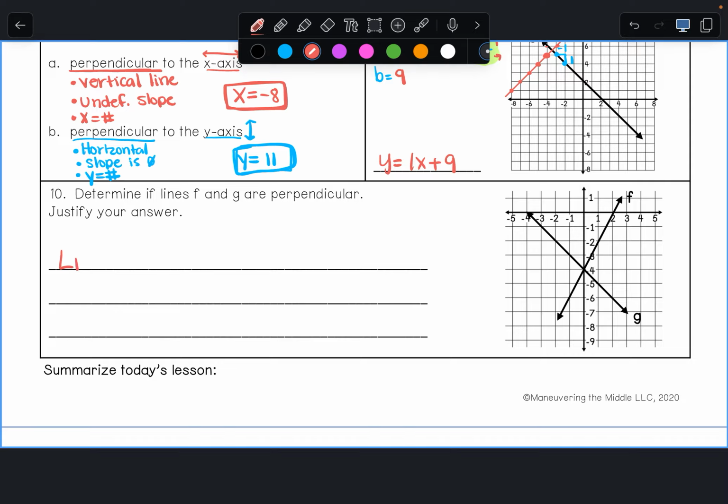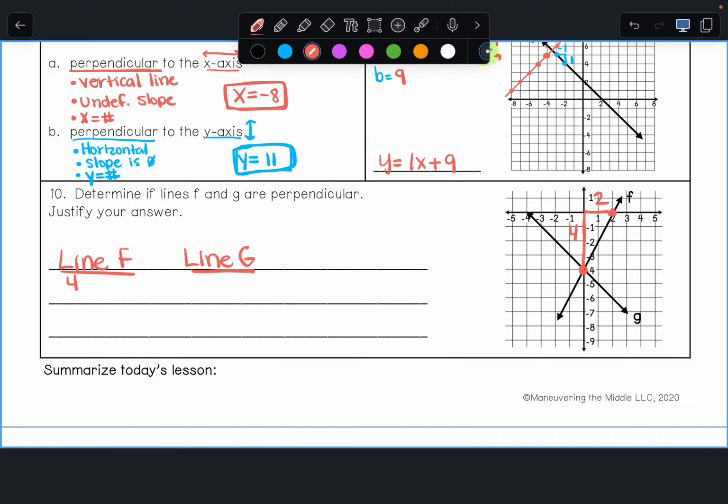So let's look for the slope of line F, and then we'll look for the slope of line G. For line F, give me 2 points that we can use for the slope. We can use (-4, 0), or (0, -4), and (2, 0). So what is the rise? 4, and the run? 2.